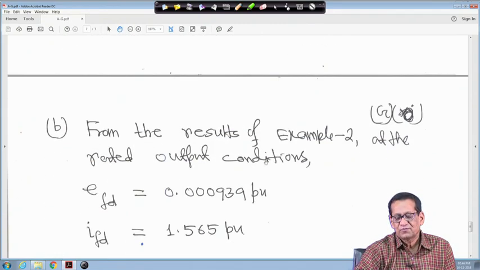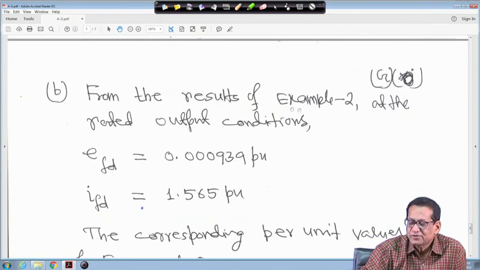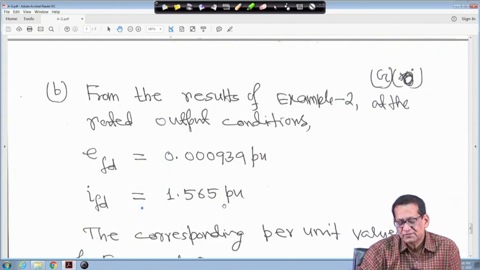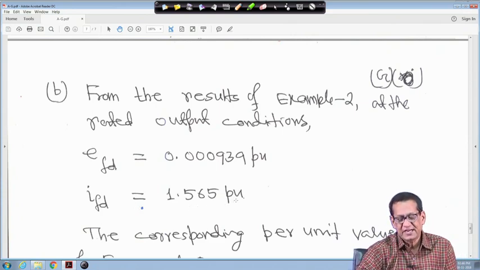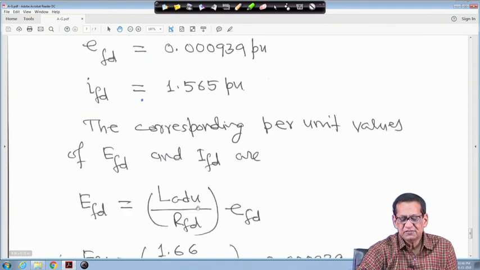Now, part B, from the results of example 2 at the rated output conditions. Go back to whatever you have done in example 2: EFD we got 0.009339 per unit and IFD we got 1.565 per unit. The corresponding per unit values are that EFD is equal to LADU upon RFD into EFD.